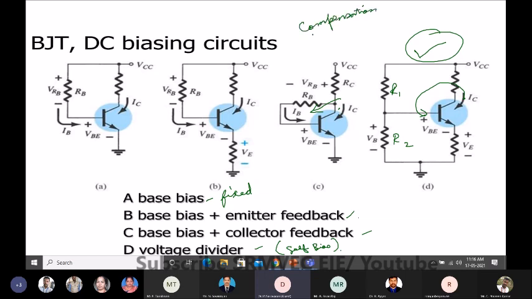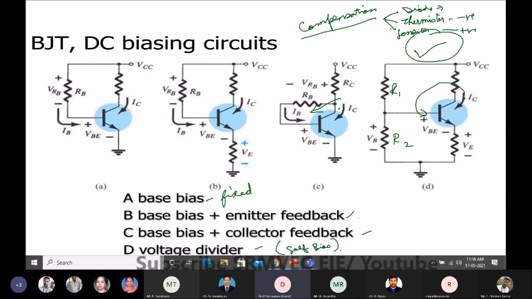The same Q point can be made stable by compensation, and for this compensation you can use three types of devices, that is using a diode, a thermistor, and a sensor. So this is negative temperature coefficient, this is positive temperature coefficient, and the diode we know, and it is based upon biasing. Okay. So how is this going to happen?